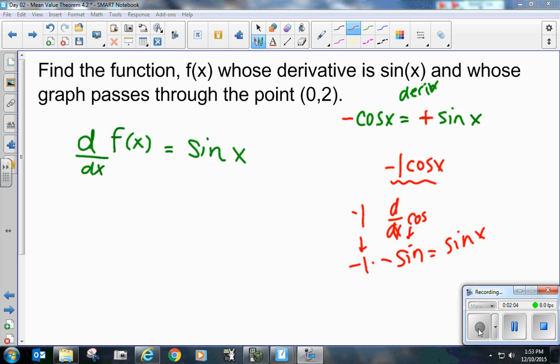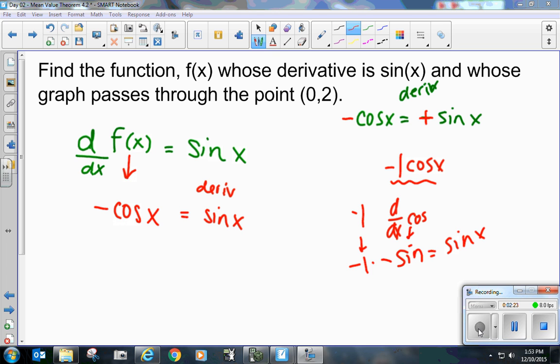That's just the backward thinking it takes when we're working backward with derivatives. So my function here has to be negative cos of x. That would give me sine of x as the derivative.